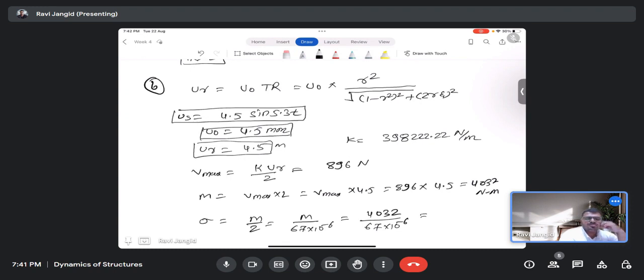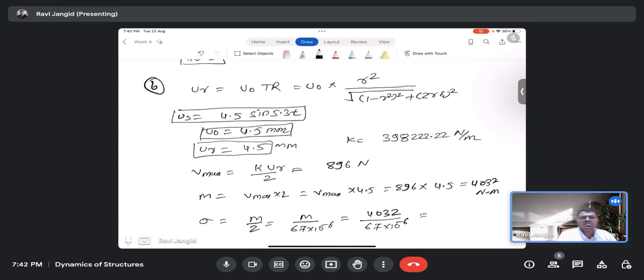Anyone with the answer? I didn't understand, is UR equal to 4.5 meter? No, U naught is 4.5 mm, not meter. But why are U naught and UR both the same?